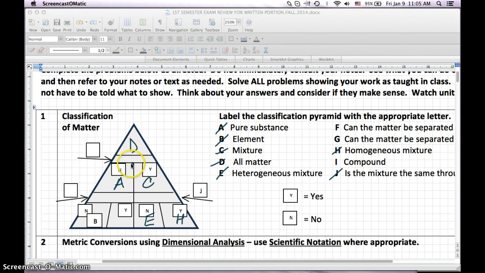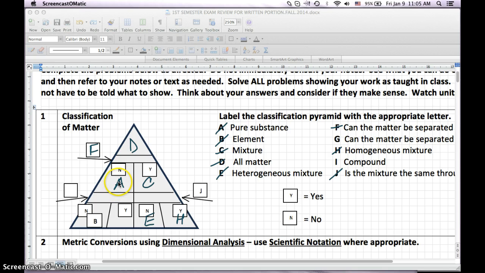How do we separate then into pure substances and mixtures? Well, the answer is, can the matter be separated by physical means? Physical means would be things like sorting, sifting, straining, using a precipitation technique, decanting, all of those things. If you can separate the substance out, it's a mixture. If you can't, what you have is a pure substance.